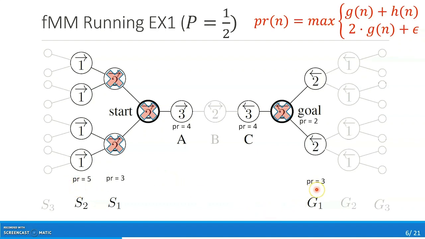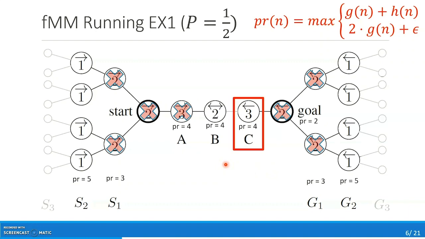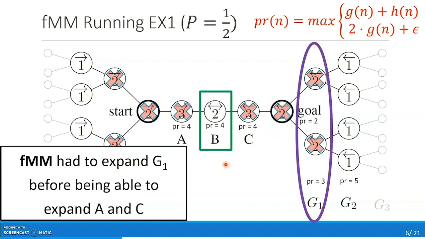Now G1 has the lowest priority, and it is therefore expanded. Now FMM can proceed to expand A and C, and find the optimal solution. I would like you to remember that in this example, FMM had to expand the G1 nodes before being able to terminate.